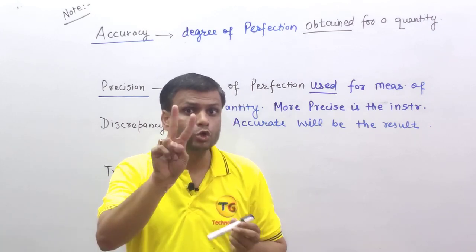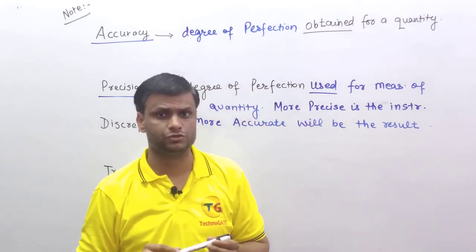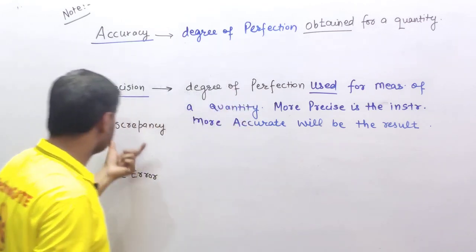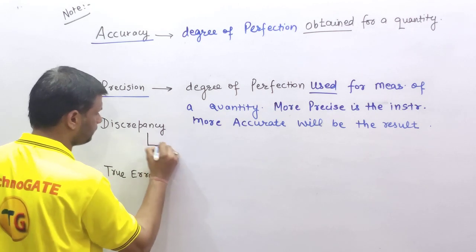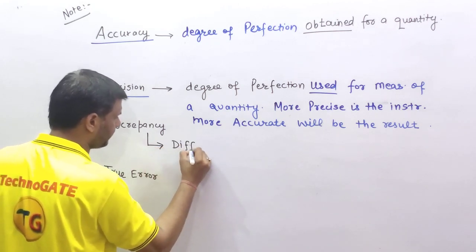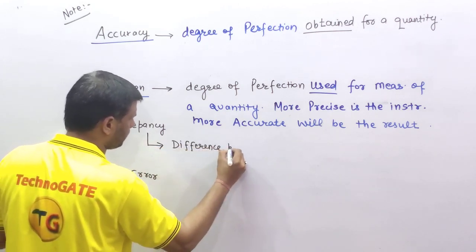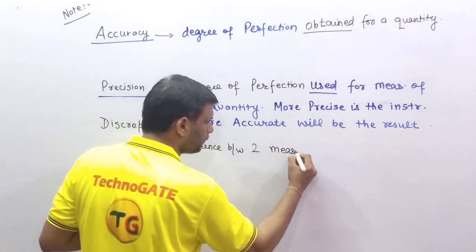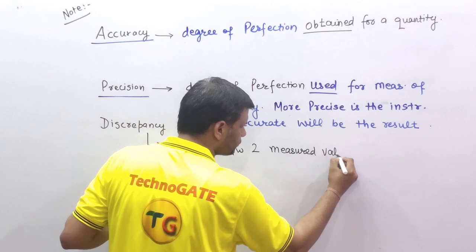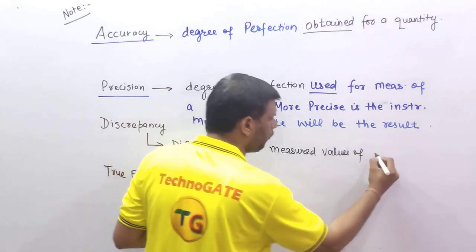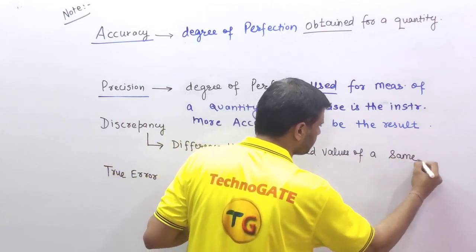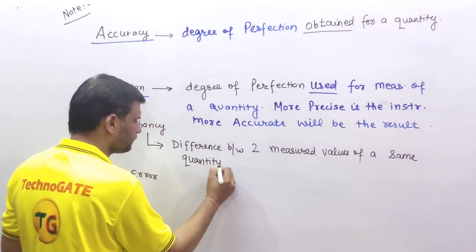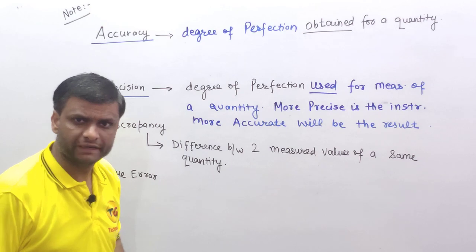The difference between two different measured values of the same quantity is called the discrepancy.